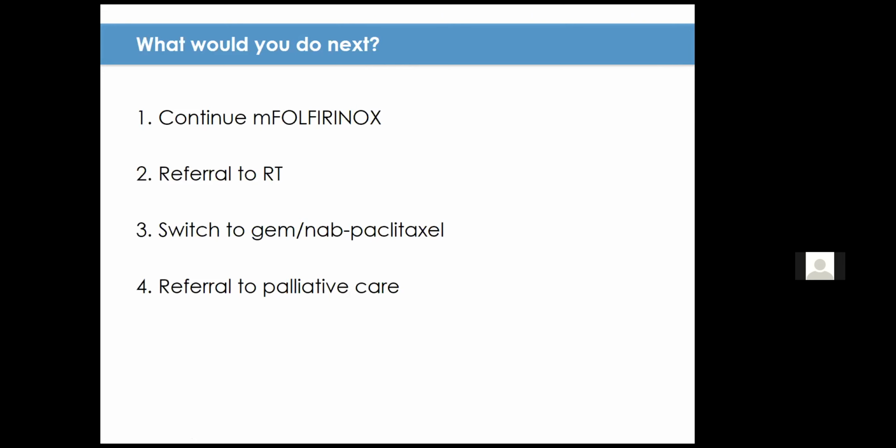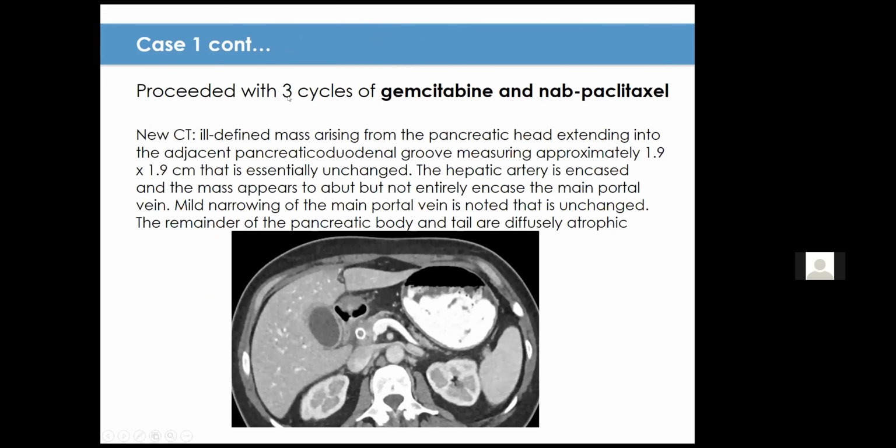So I will continue. She actually then proceeded with 3 cycles of nab-paclitaxel, and the follow-up scan after the 3 months of treatment continues to show this ill-defined mass in the head of the pancreas. Really, it was felt that there was not much change, and the hepatic artery was still encased.